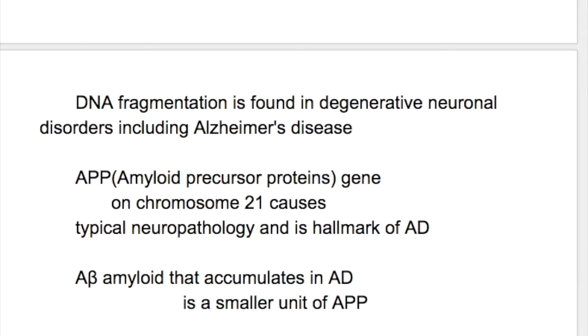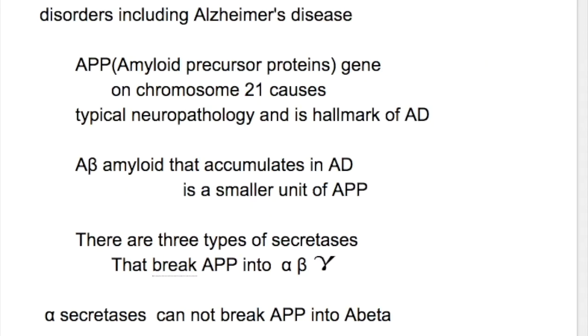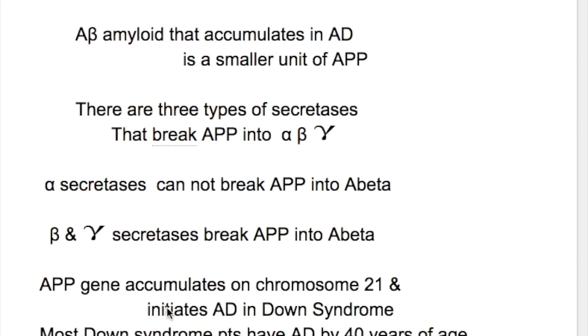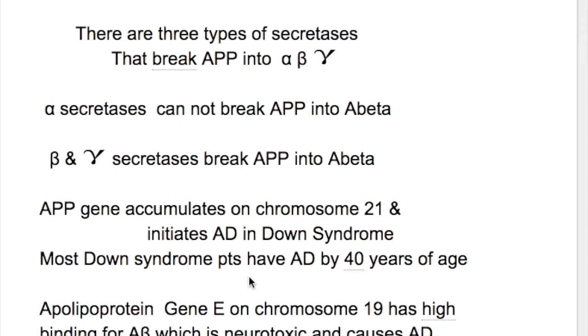There are three types of secretases that break APP into alpha, beta, and gamma parts. The alpha secretases cannot break APP into A beta, but beta and gamma secretases break APP into A beta. APP gene accumulates on chromosome 21 and initiates Alzheimer's disease in Down syndrome. So it's the accumulation of APP gene on chromosome 21 in Down syndrome. Most Down syndrome patients have Alzheimer's disease by the age of 40.